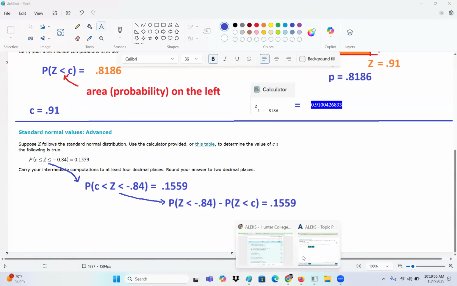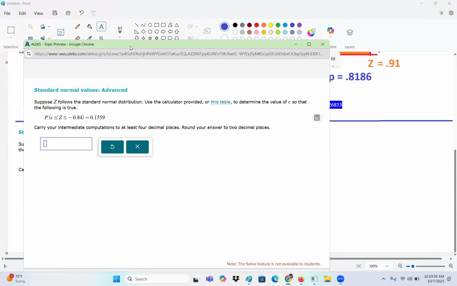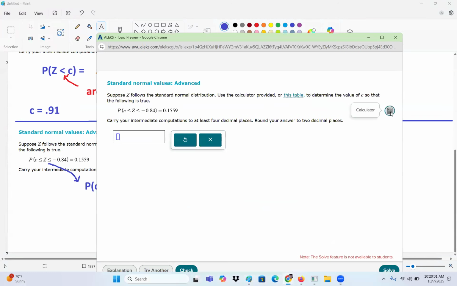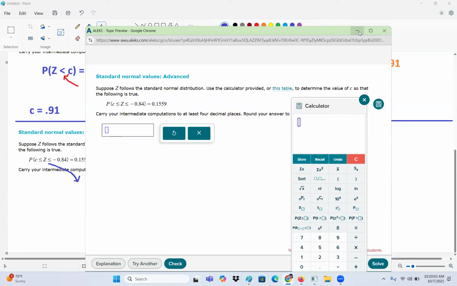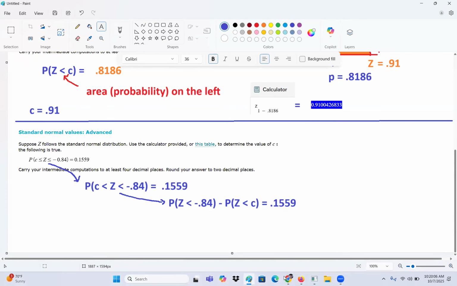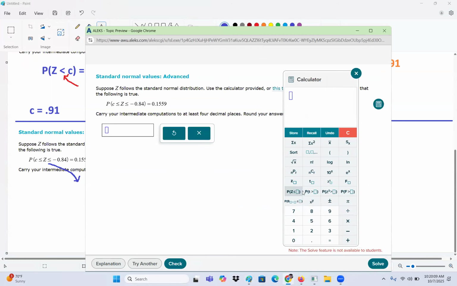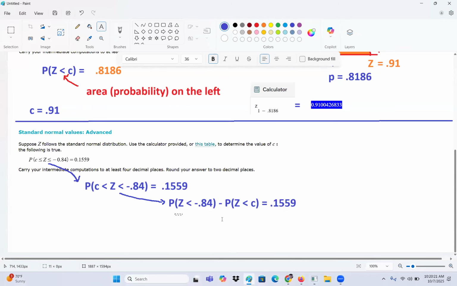Right, so we need to find, on the calculator, we need to figure out what is the P of negative 0.84. So we can figure it out on the calculator, which is 0.2004 minus P of Z less than C equal to 0.1559.